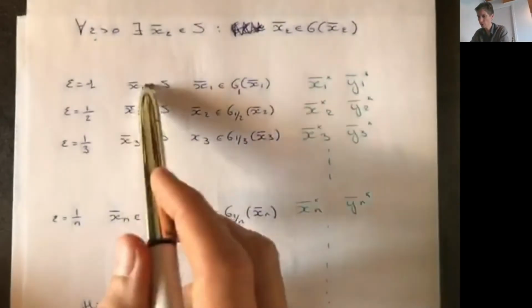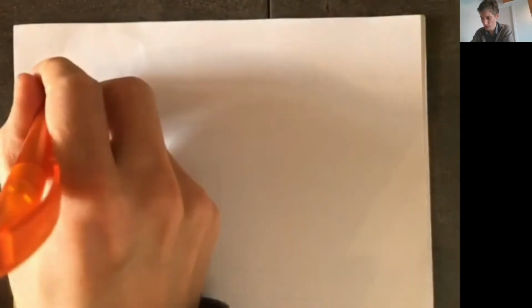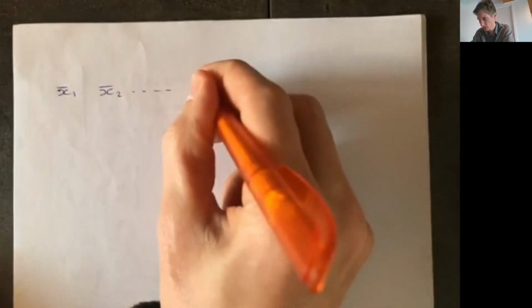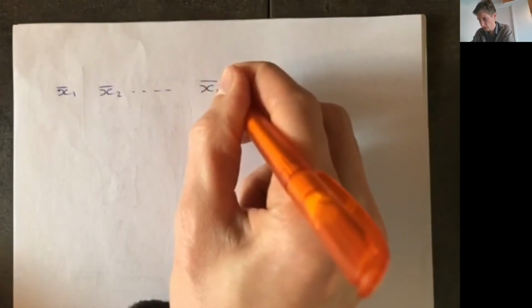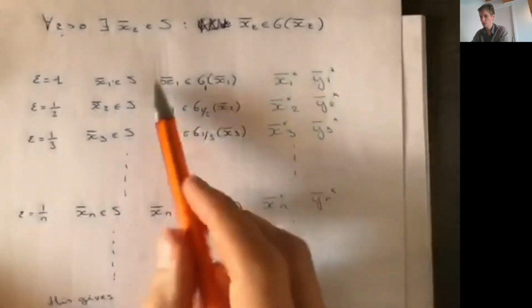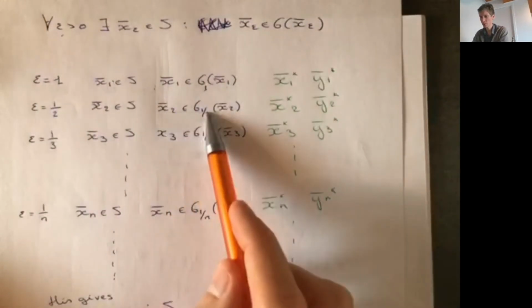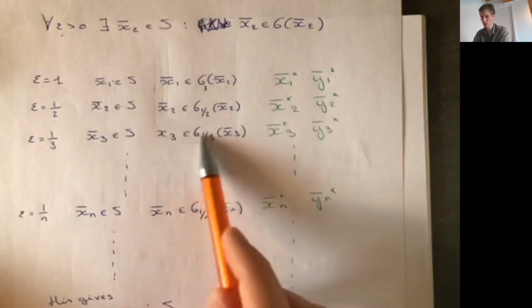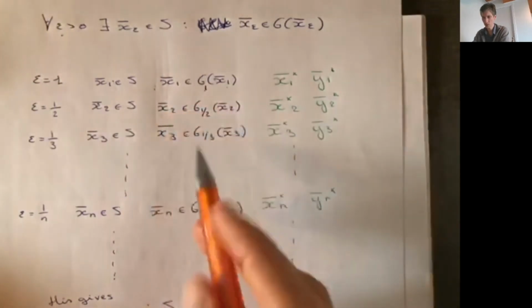So let's recapitulate what we have. We had a sequence of xn's, so let me write them here in this order. I had x1, I had x2, I had xn, and so on. x1 is in G1 of x1, x2 is in G 1/2 of x2, x3 is in G 1/3 of x3, and so on.